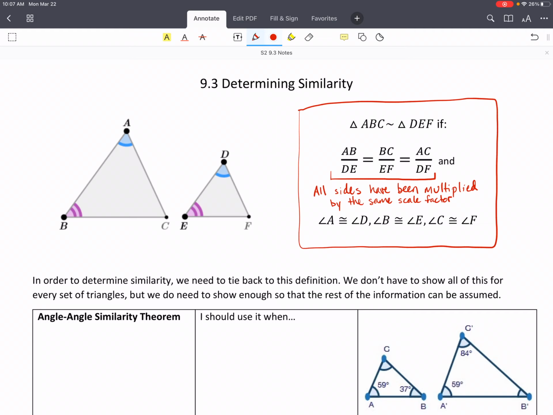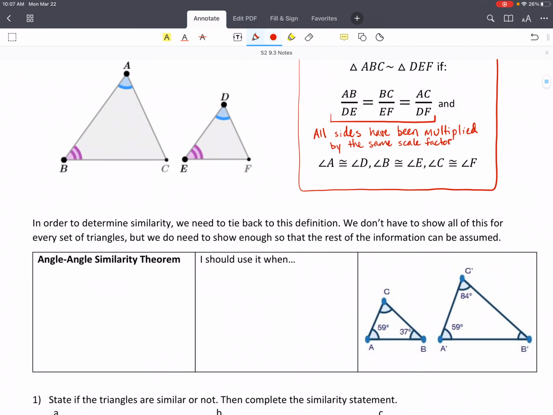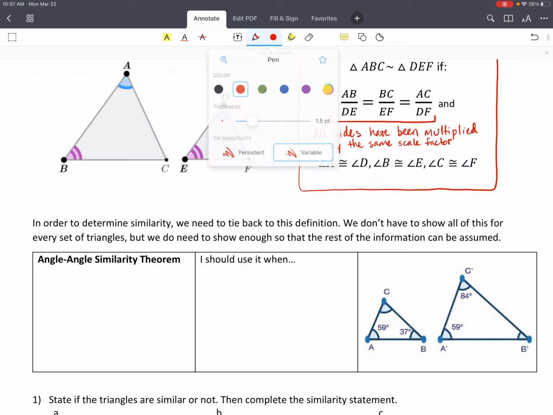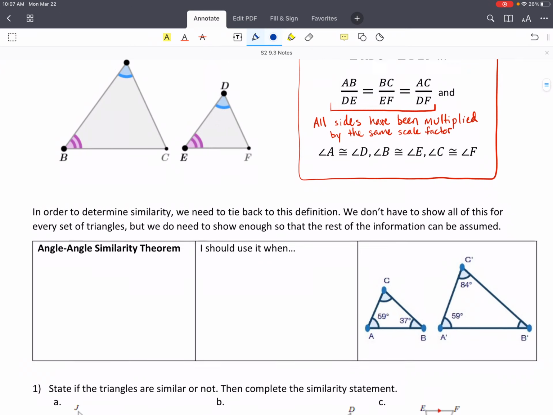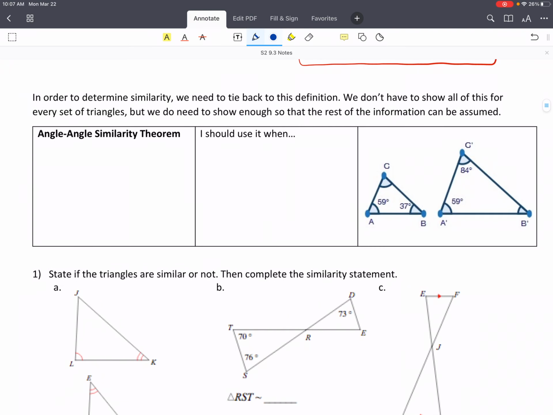So we don't have to show every single scale factor. We don't have to show every single angle to show that the triangles are similar. We just have to have enough information. And so for enough information, there are 3 similarity theorems.